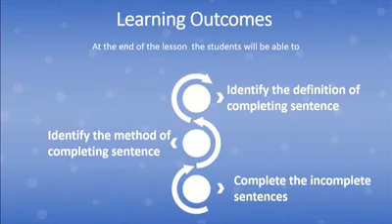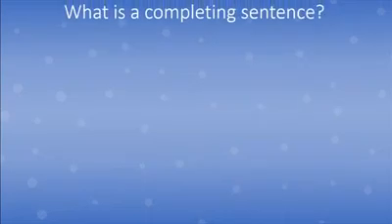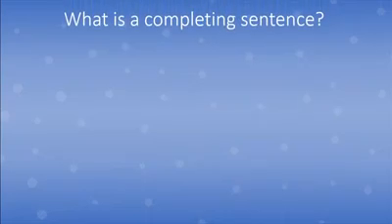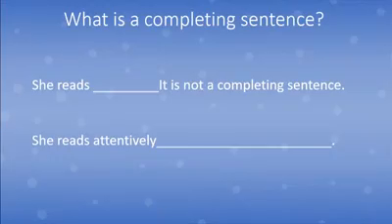Okay, my dear students, before going through the rules of completing sentences, at first we have to know what a completing sentence is. My dear students, we can see two portions of two sentences. She reads dash and she reads attentively dash.